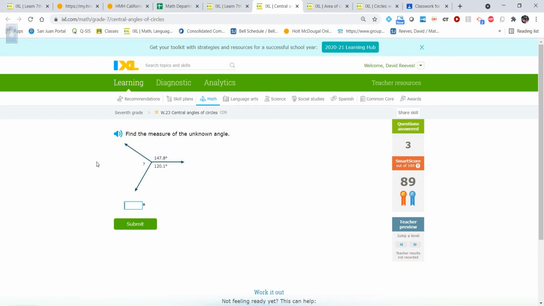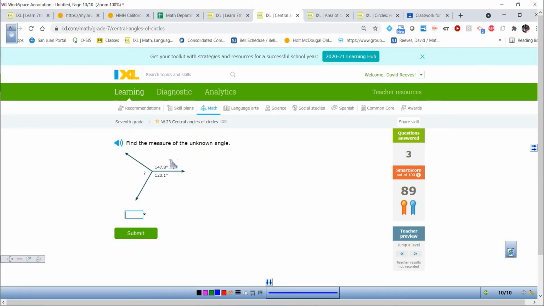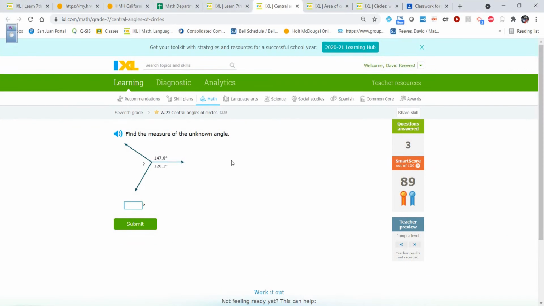Oh, all right, they took the circle away on this one. But it's still going to be all the way around is still 360. So even if I don't put a circle on it, know that if I go all the way around, that's still 360 degrees. Okay? All right, so what did they give us?